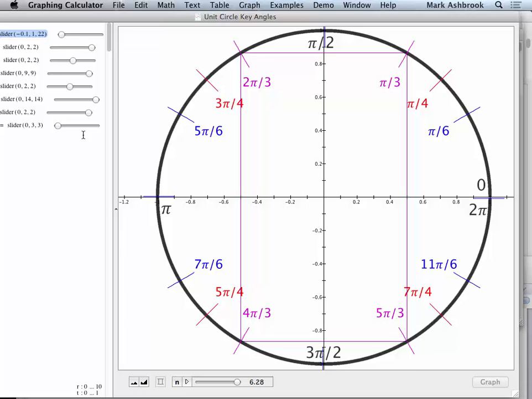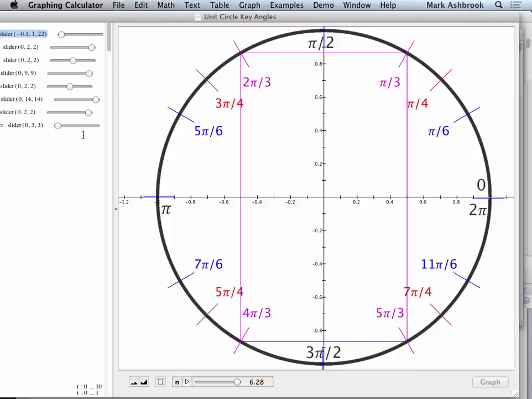In both cases, you will hit top, left, bottom, and right. So it's pi over 4: 1, 2, 3, 4, 5, 6, 7, 8. And then pi over 6, you will also hit top, left, right, and bottom: 1, 2, 3, 4, 5, 6, 7, 8, 9, 10, 11, 12.